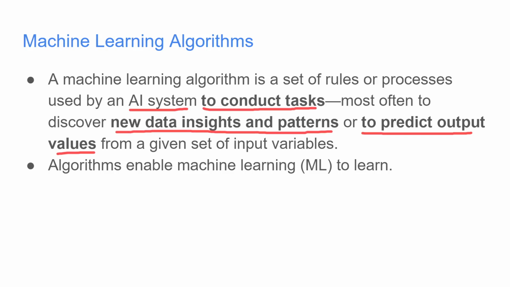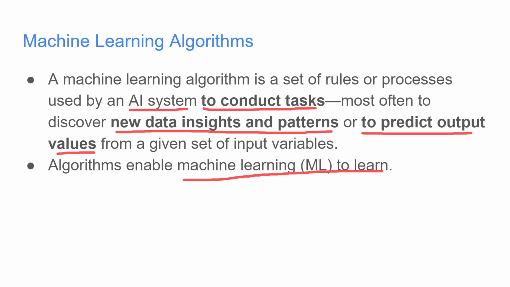It basically deals with the data. If you give certain input data, it will discover new data insights and patterns to predict the output values. These algorithms enable machine learning to learn. So if you build any algorithm like a machine learning algorithm, that will enable the machine to learn itself from the data. This is the machine learning algorithms definition.